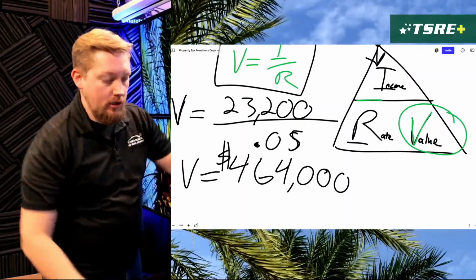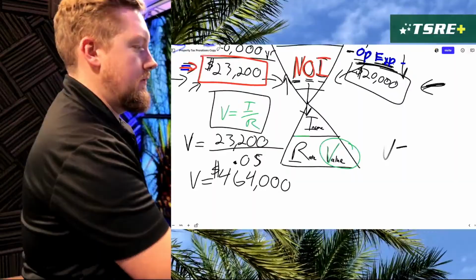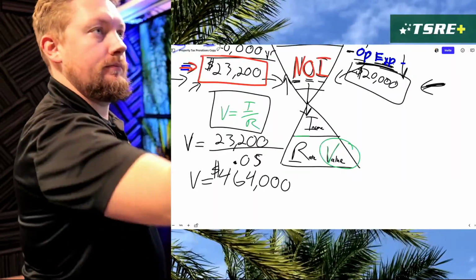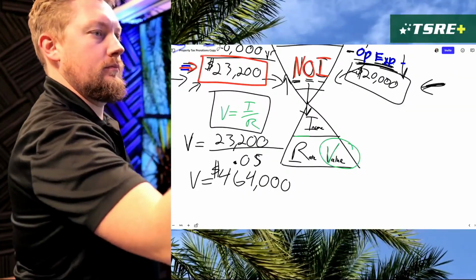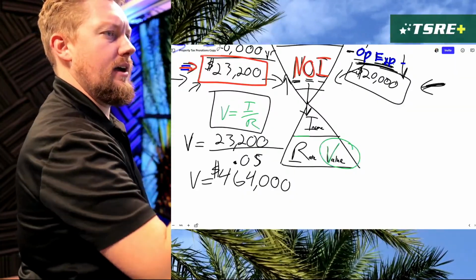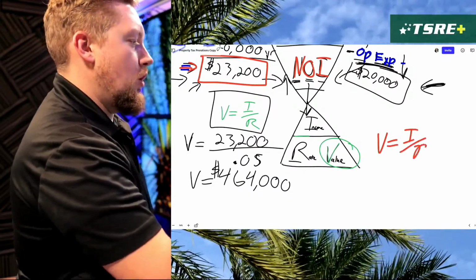Now, as I mentioned earlier, what if this rate were 10%? So value, we'll put it in red and you should be able to see that. So value, income over rate.